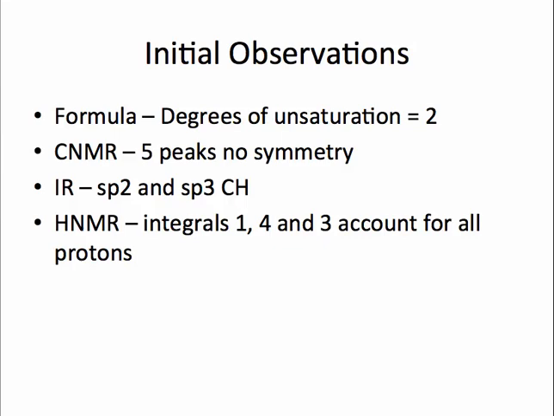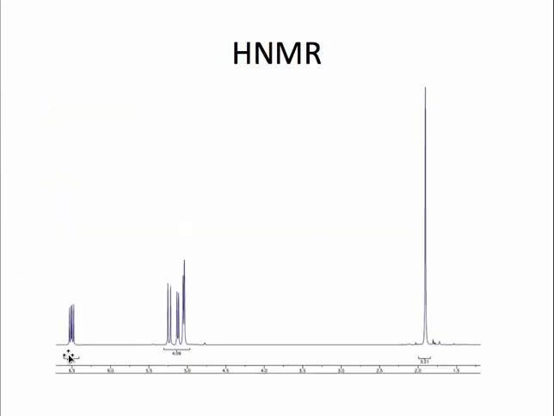The infrared spectrum showed us peaks at the 3000 region, both to the left and right of 3000, meaning that there are protons on both sp2 and sp3 carbons. And the last thing to do is the proton NMR, where the integrals show us integrals of 1, 4, and 3. All 8 protons are in that region.